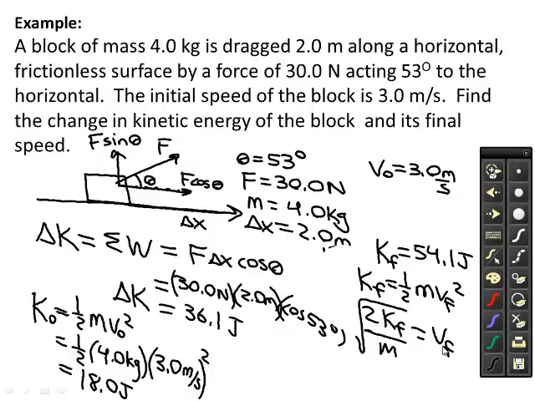So 2 times my 54.1 divided by 4 kilograms, and take the square root. It yields about 5.2 meters per second.